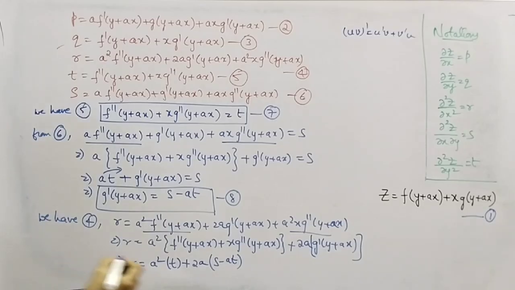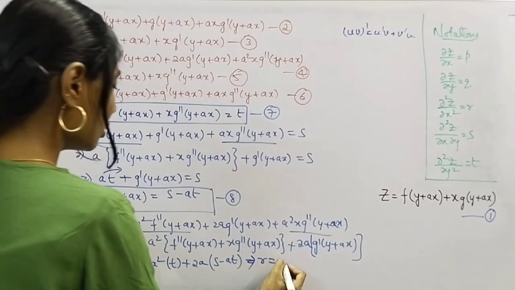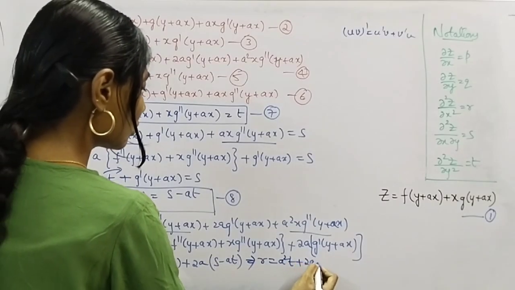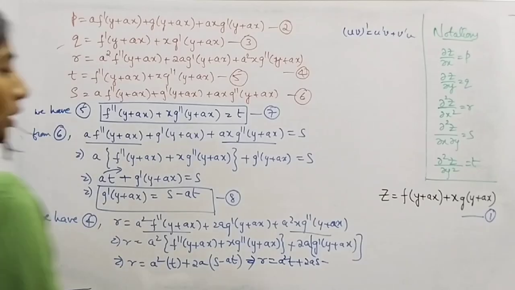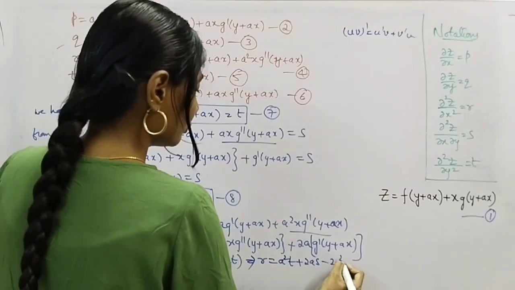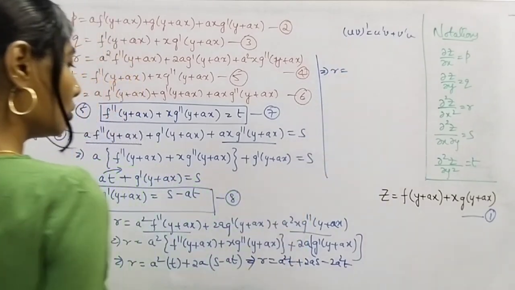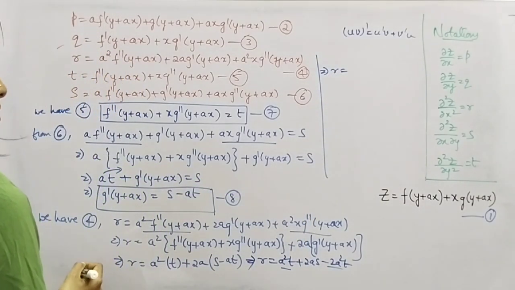This gives us r equal to a square t plus 2a s minus 2a into a t, that is 2a square t, right? r equal to a square t minus 2a square t gives minus a square t.